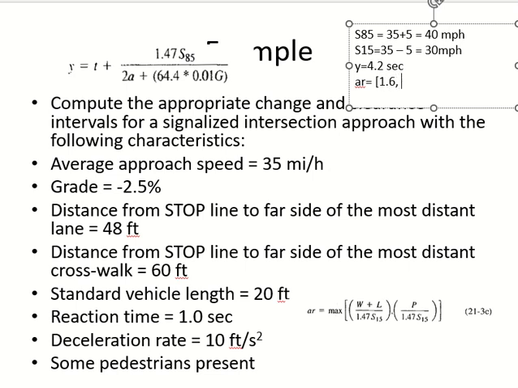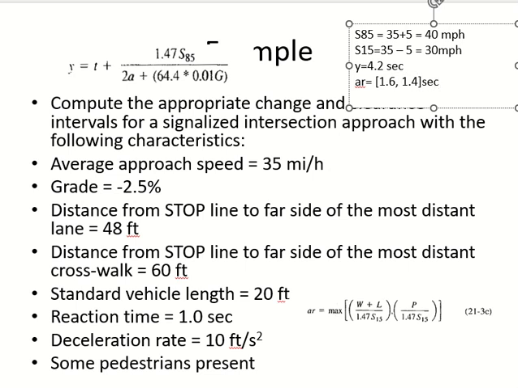So 1.6. 1.36, so 1.4, right? Now the function says take the maximum, right?